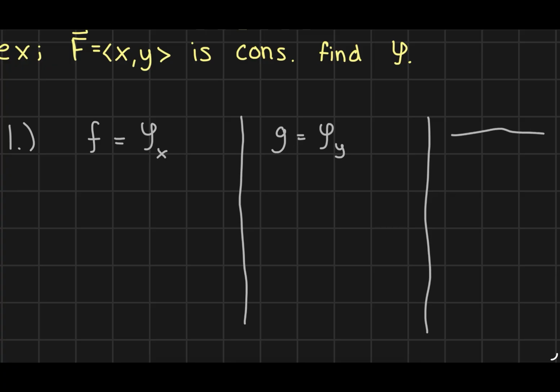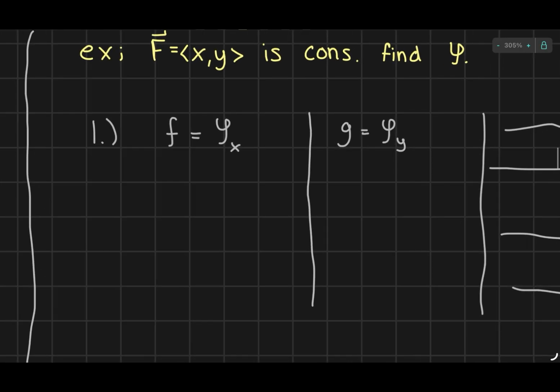And there's actually not going to be a third component, since this is 2-dimensional. Well, f is equal to our phi sub x, meaning our x. This is our phi sub x, or our partial of phi with respect to x, and our partial of phi with respect to y is going to be that y.